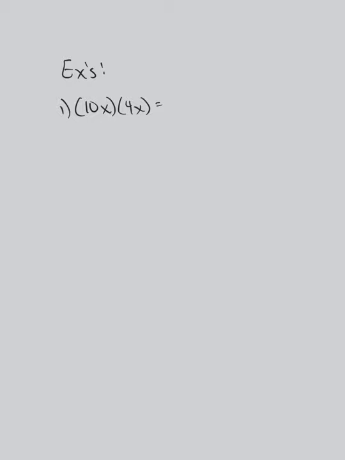I can go through the regrouping one time, or just think about the general idea: we multiply the coefficients, so 4 times 10 is 40, and then we add the exponents. Remember that each of those exponents is 1, so this is 40x squared. You can see we would have gotten the same thing either way, so it's up to you how you want to do it.